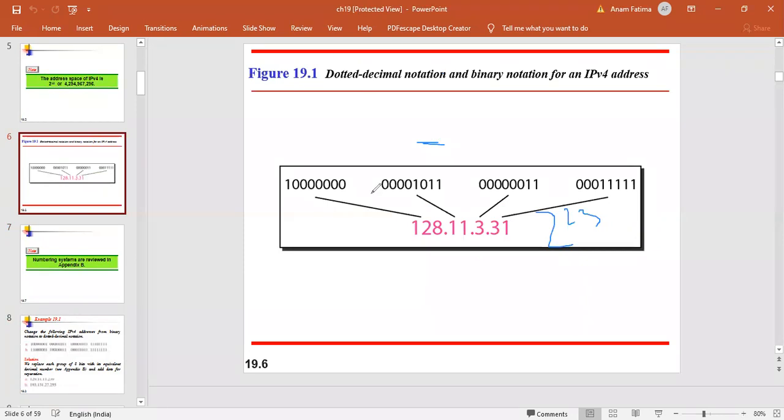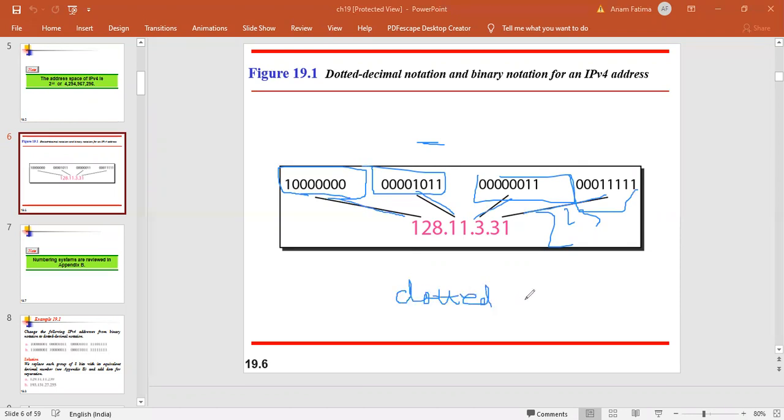The IPv4 address has two notations. One is binary notation, where these 32 bits are in the form of zeros and ones. The other is dotted decimal notation, where the 32 bits are divided into blocks of 8 bits and converted to their corresponding decimal equivalent.